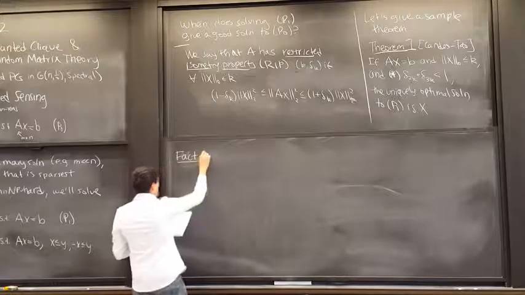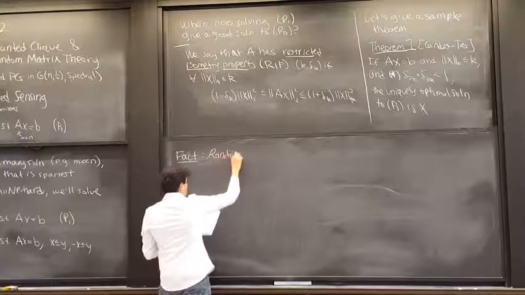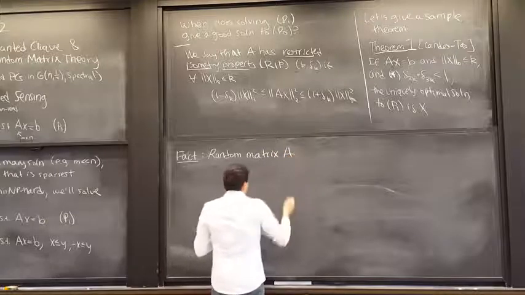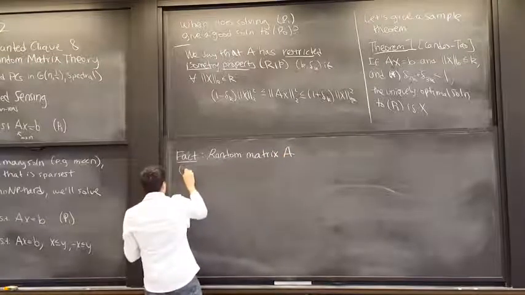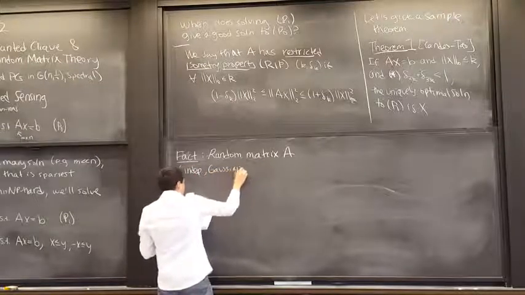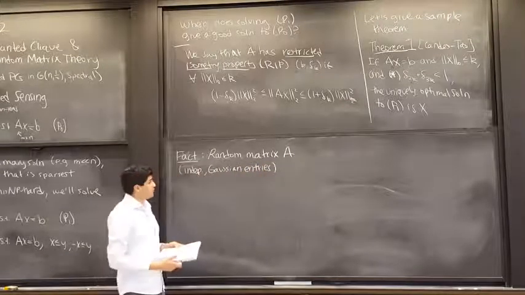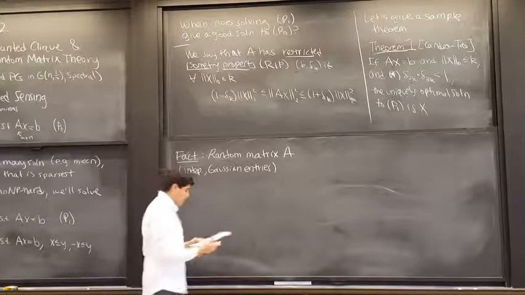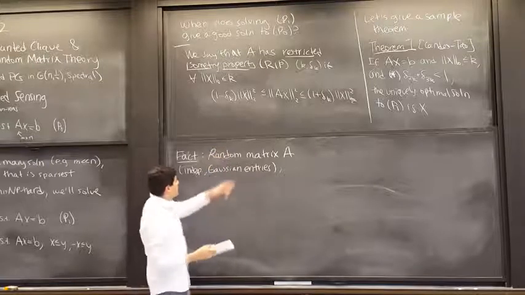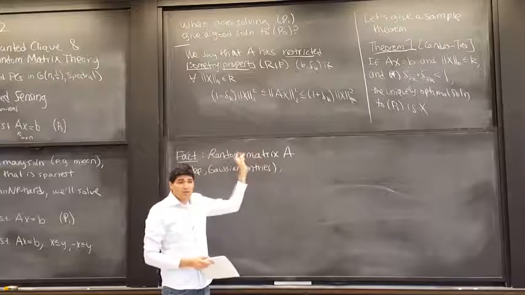Good RIP matrices are extremely common in the sense that if we take a random matrix A, let's say, to be concrete, that you put independent Gaussian entries, but many, many other ways, almost every way you could think of choosing a random matrix A would work for this fact. And then you also have to scale it appropriately, because I really need that the 2 norm of Ax squared is close to the 2 norm of x squared.